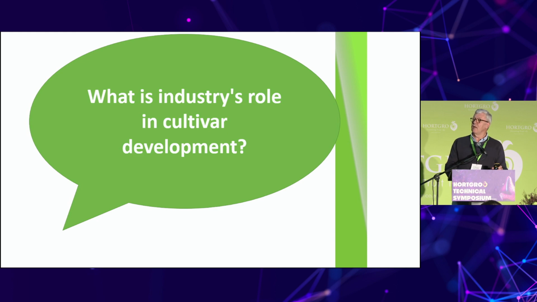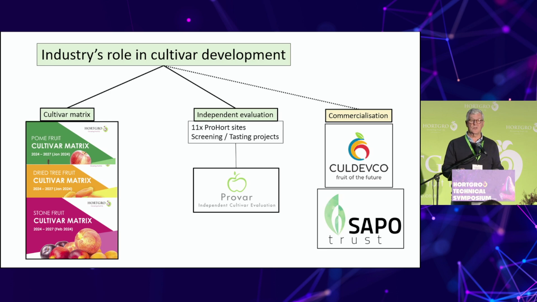So, what is the role of cultivar development from an industry's perspective? Where are we involved? Now, up until about 2017, 2020, the industry funded the ARC breeding program, and for stone fruit, it absorbed about 70% of the funding.